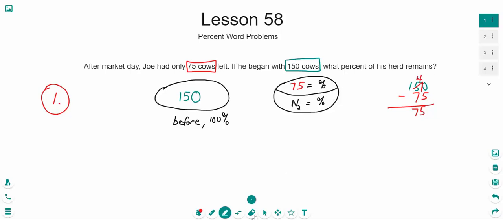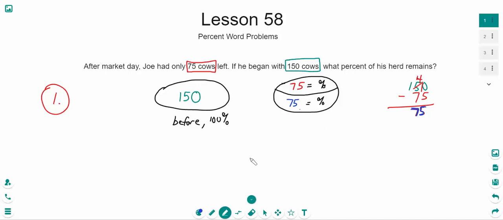So the second number here is actually 75 again. I'll just write it in blue this time. All right, so that's 75. That came from here. Okay, and again, these 2 numbers have to add up to the original number, and they do, so that's great. Okay, now we have to figure out the percentages.